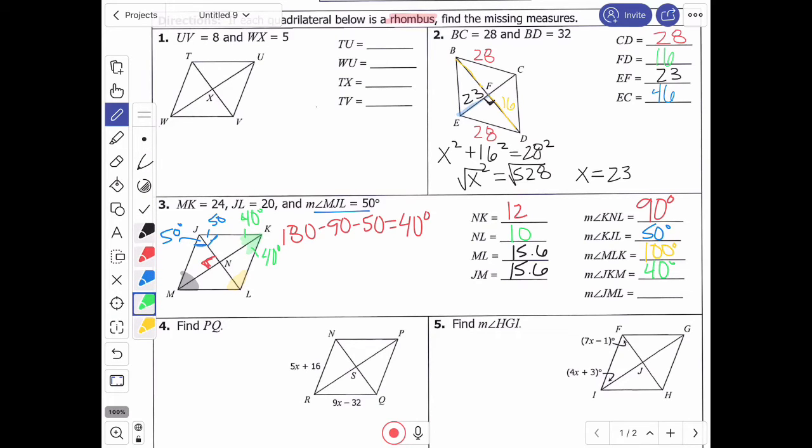So if I combine 40 plus 40, I get a total of 80. So since these two green angles combined are the angle that is opposite from the gray angle, those two have to be congruent, just like how we found the blue to the yellow. Okay, so since these two add up to 80, this gray angle is also going to be 80 degrees.